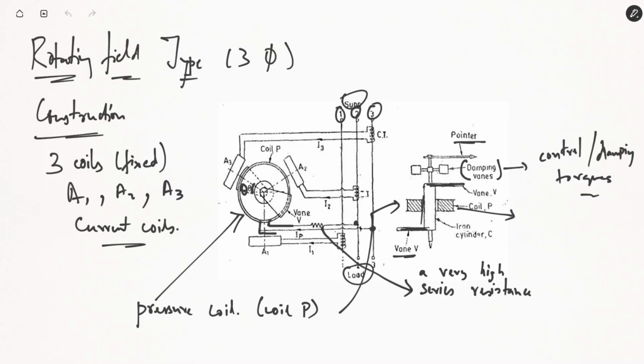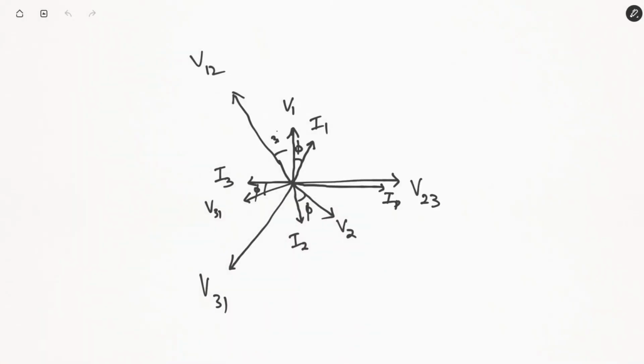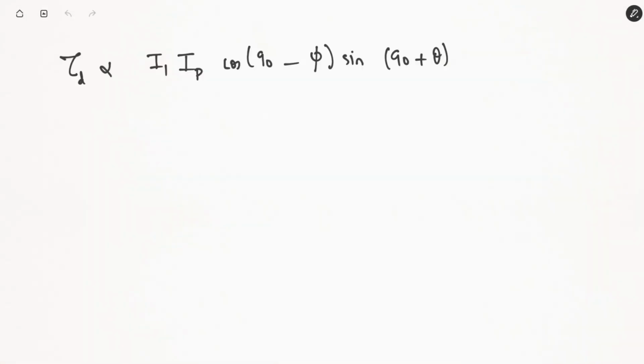You can take any plane of reference and see what the value of theta is. So the deflecting torque on the vanes will be proportional to, not equal to, I1 IP, the two currents flowing through two different coil segments and the phase difference they carry, cos of 90 minus phi sine of 90 plus theta, plus I2 IP cos of 330 minus phi sine of 330 plus theta.